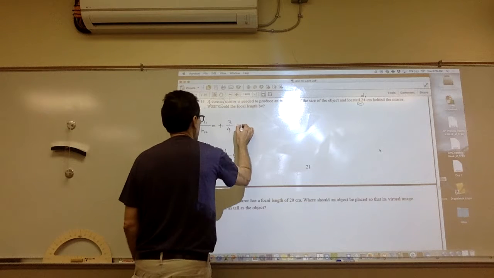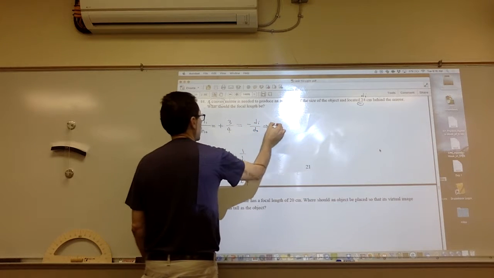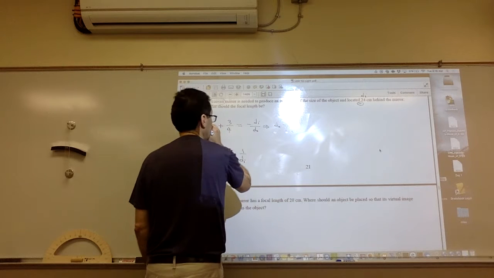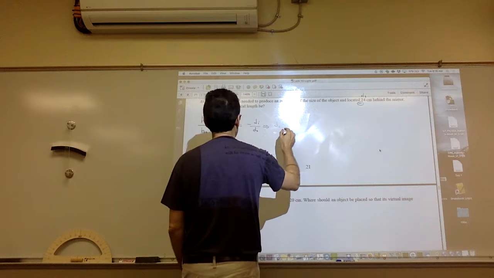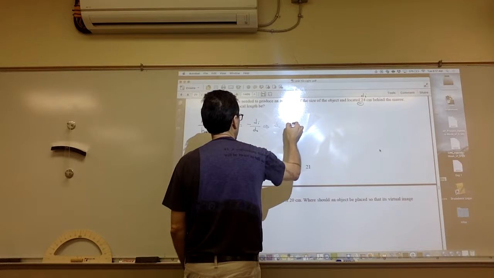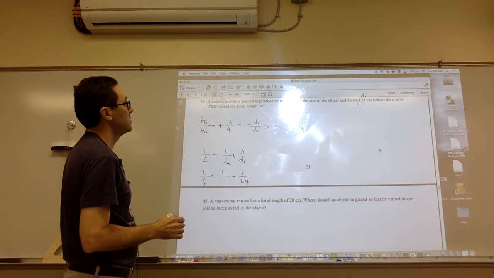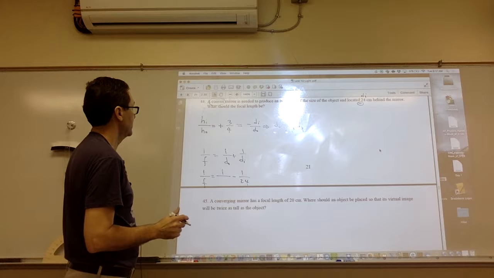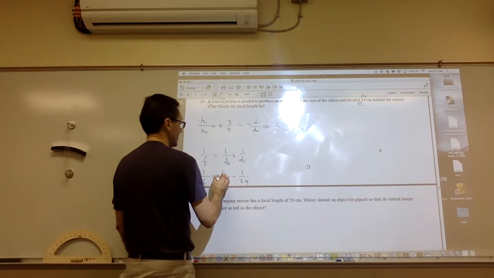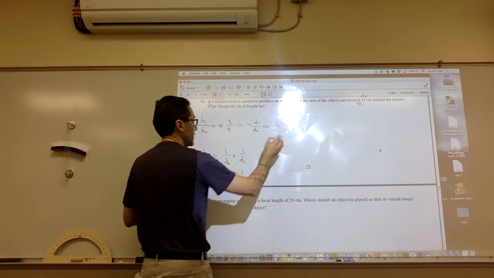I think this is also equal to negative DI over DO, which means that DO is equal to negative 4/3 DI. So let's find out what this is actually.